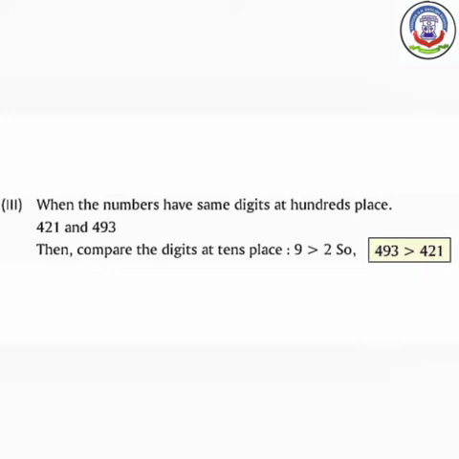Here at the hundreds place both the numbers are same. So we will come to the tens place. On left hand side there is 9 and on right hand side there is 2. So 9 is greater than 2. So 493 is greater than 421.